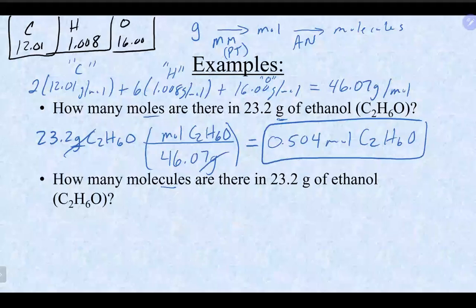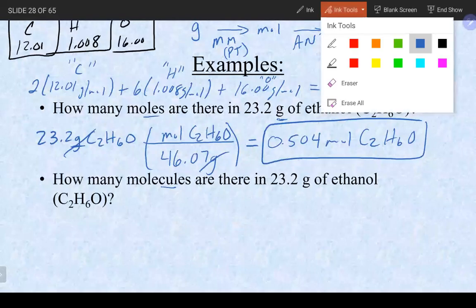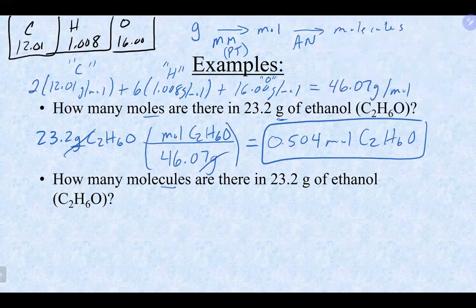At this point, we could actually just continue on, since we're starting with the same number of grams, which would give us the same moles, to go into molecules. So here we would use Avogadro's number, where 1 mole of our C2H6O would equal 6.022 times 10 to the 23. And these would be molecules in this case. That's going to be our conversion factor to continue on.